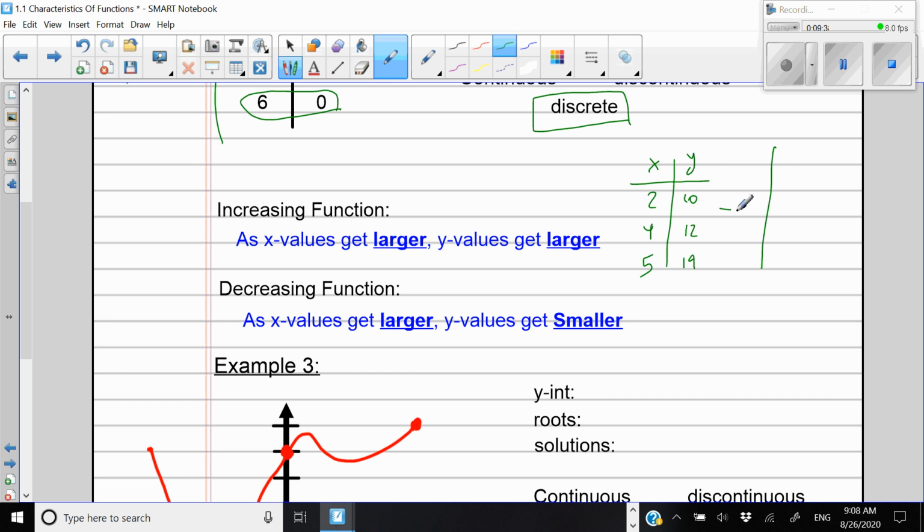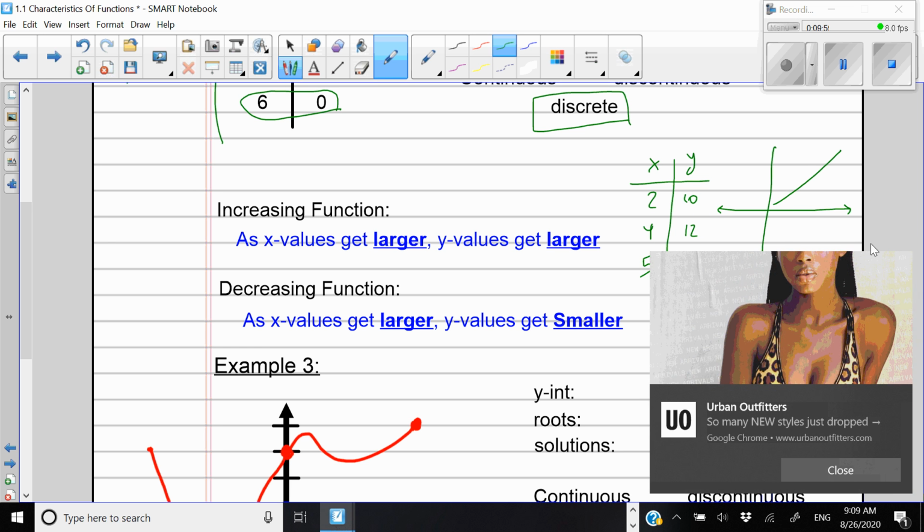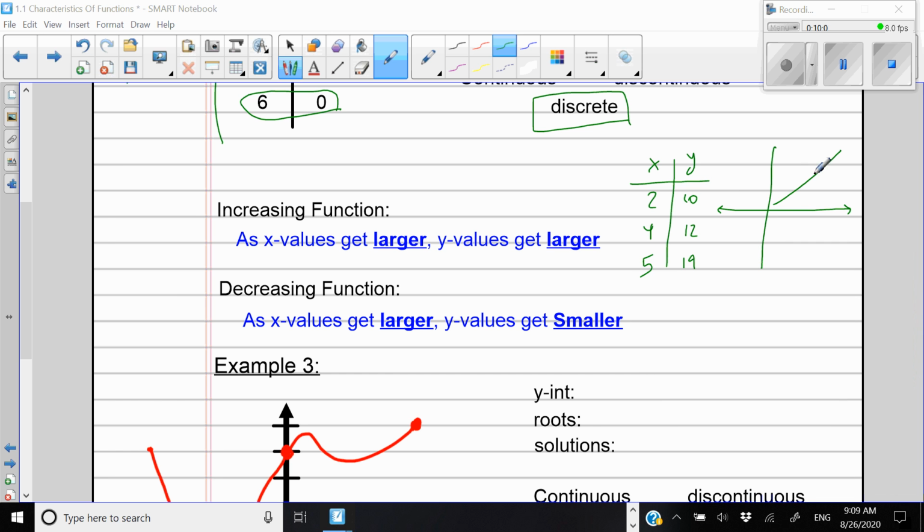On a graph, how would that look? For example, I have a graph that looks like this, okay? As you see, as I'm moving from left to right, keep in mind, we always move from left to right because the small numbers are on the left side and the bigger numbers are on the right side. So I always move from small to big.